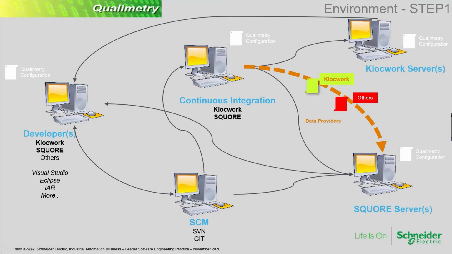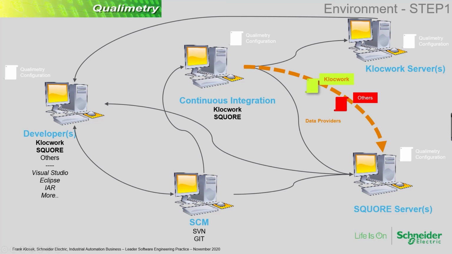We have continuous integration in the middle, where we run everything integrated and automatic. The reports are brought from Clockwork to the Squore servers as well, so we aggregate data from static code analysis to the Squore results about cybersecurity areas.